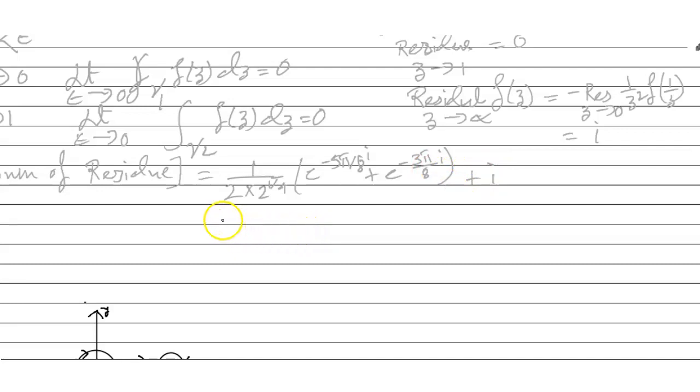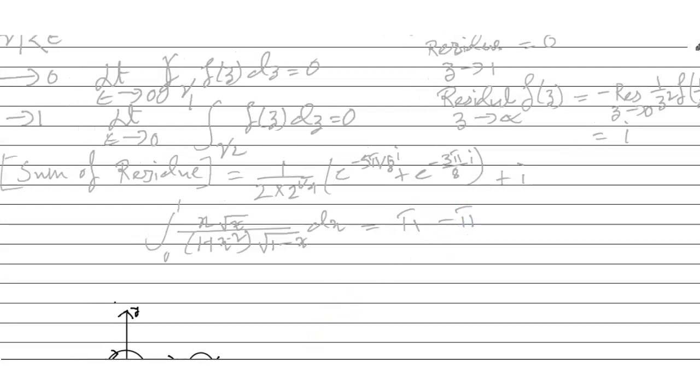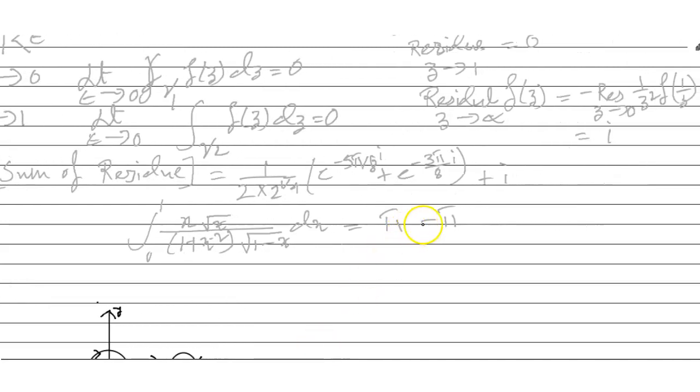And after the simplifications, we get the integral from 0 to 1 of x root x divided by (1 plus x squared) root (1 minus x) dx is equal to pi minus pi by 2 minus pi by 2 root (1 plus root ...).